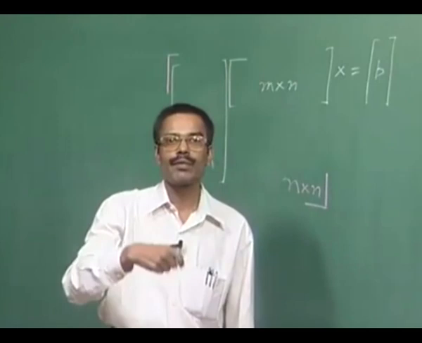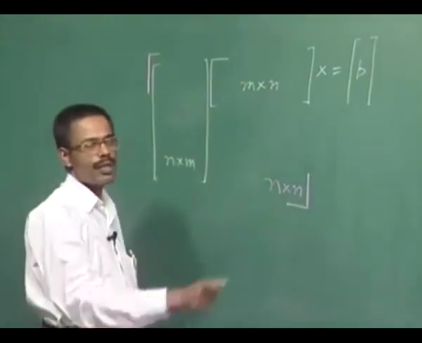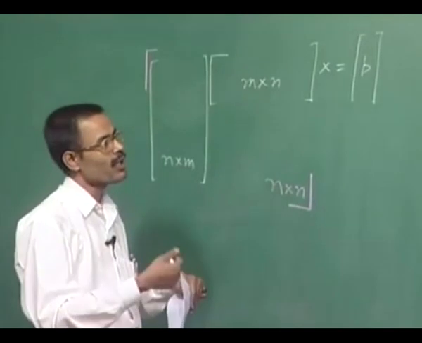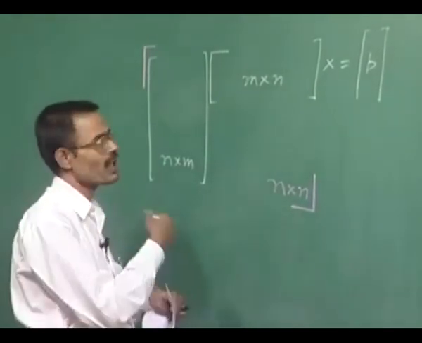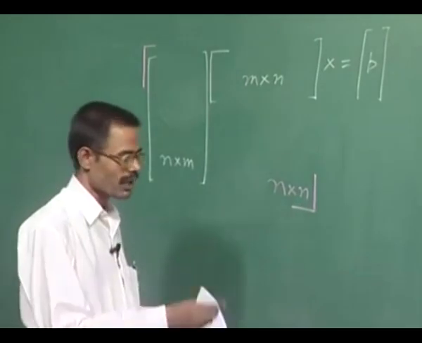So, at most it can have rank m, which is less than n. That means this matrix will be certainly singular, and your methods like Gauss elimination or LU decomposition will certainly fail. So, this is not the way in which you should go in this kind of a situation.